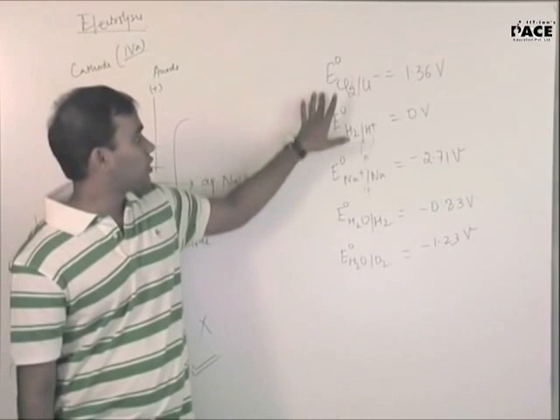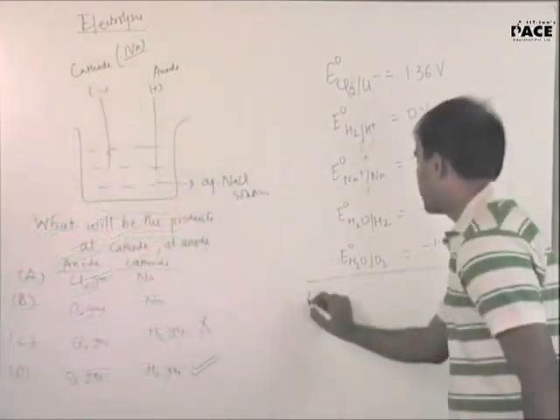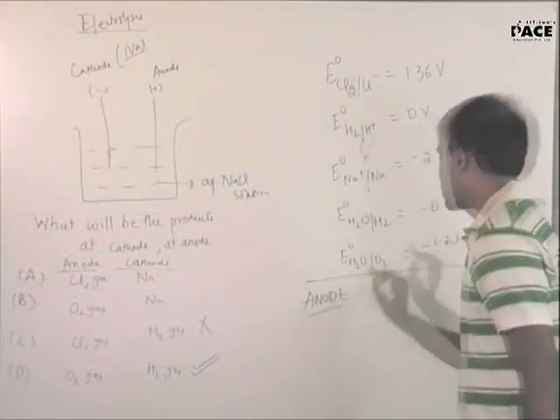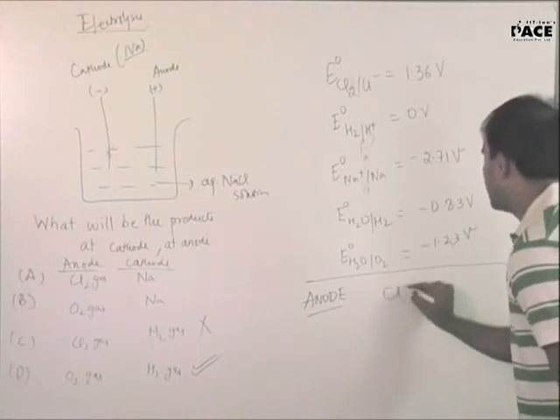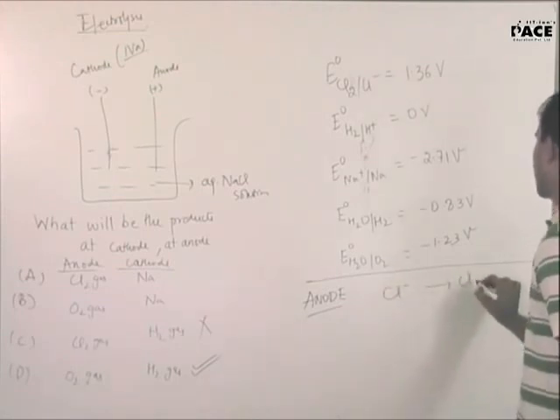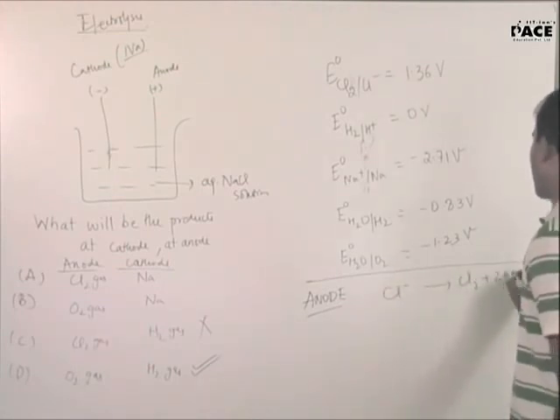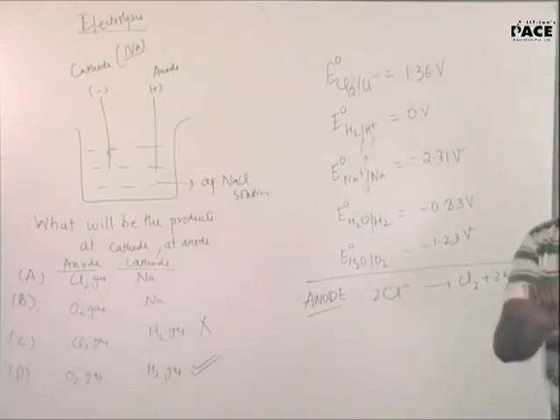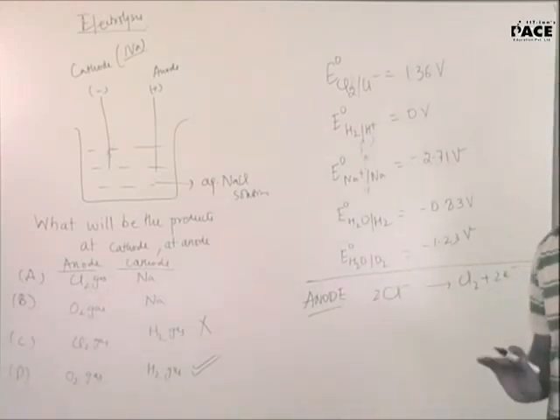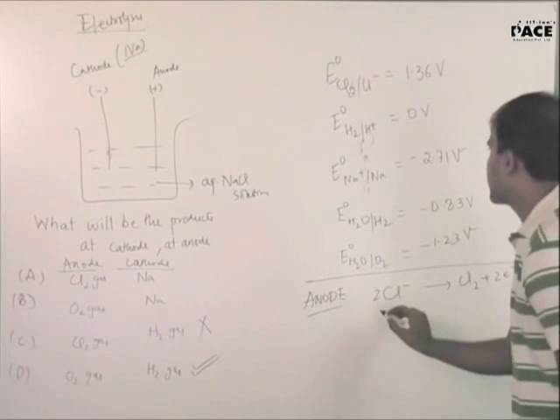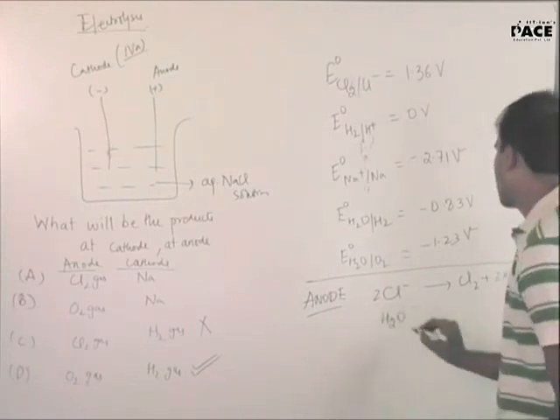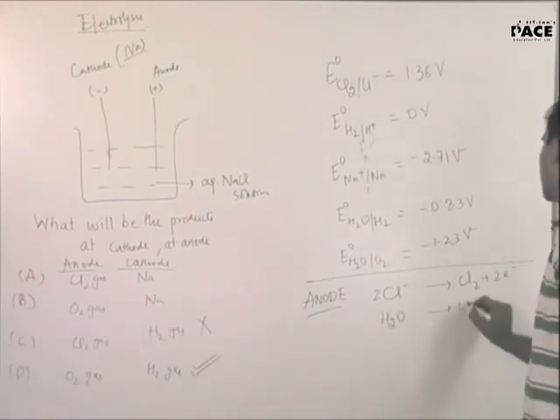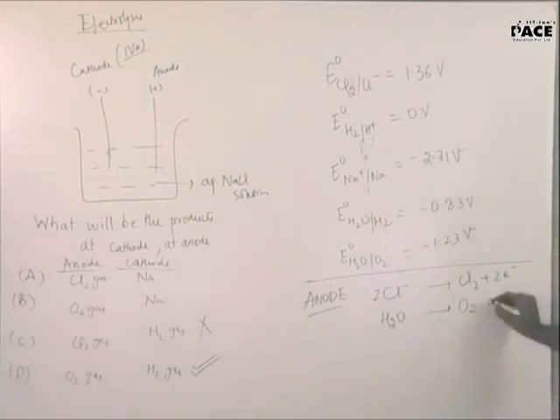So it will oxidize others and itself get reduced. If I look at the anode, the two competing reactions are Cl minus gives Cl2 plus 2 electron. This is first reaction, right? And the second reaction is H2O giving me O2 plus 4H plus 4 electron.